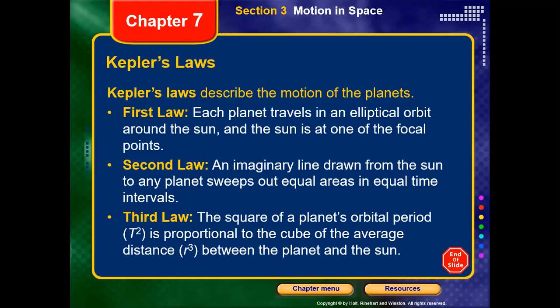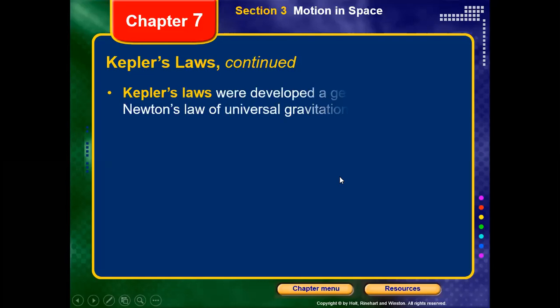The cube of R is proportional to the square of T, the periodic time. These laws were developed after that by Newton's laws of universal gravitation. Okay, let me take you to a small video to understand Kepler's law also.